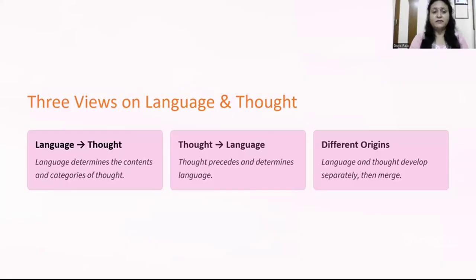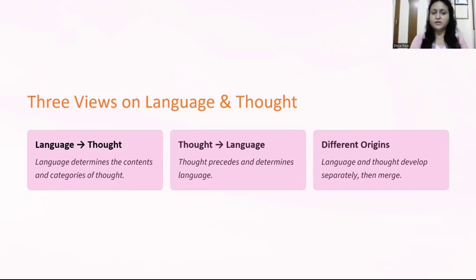So there are three views on language and thought. The first is language as a determinant of thought, wherein we will study how language determines the contents of our thought and how there are categories of thought which are influenced by language.